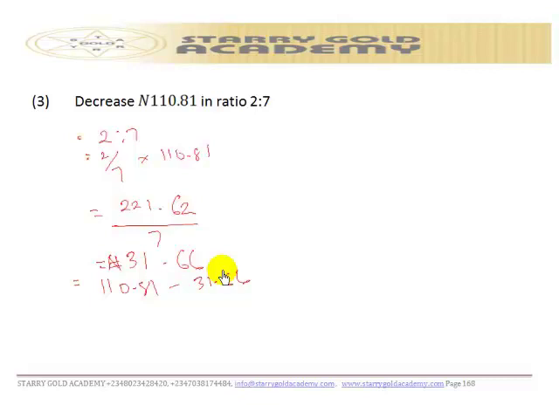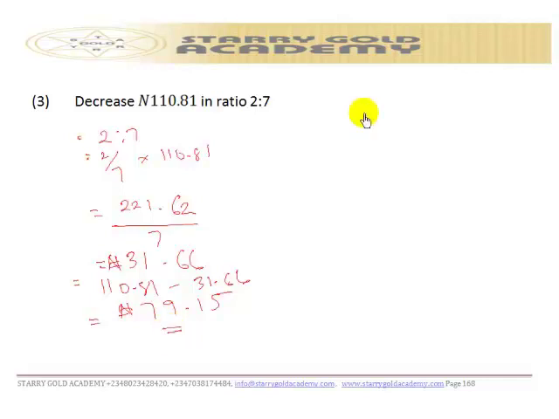So I'm going to have 79 naira 15 kobo. So I just decreased that value by the value of 2:7. So if you understand what ratio is, you will not be fighting at all.